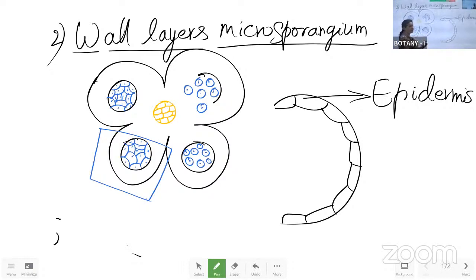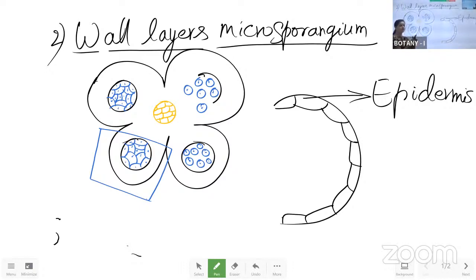And one more function: the epidermis present at the 2 lobes of the microsporangium has very thin-walled epidermal cells. These epidermal cells are meant to split, they will help to split or dehisce the anther to release the microspores into the outside dry atmosphere.